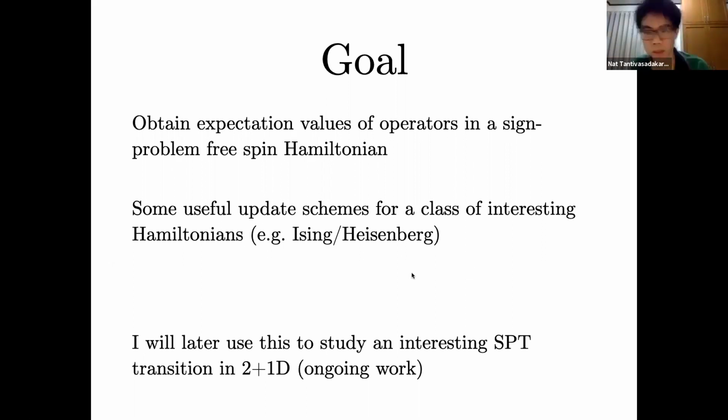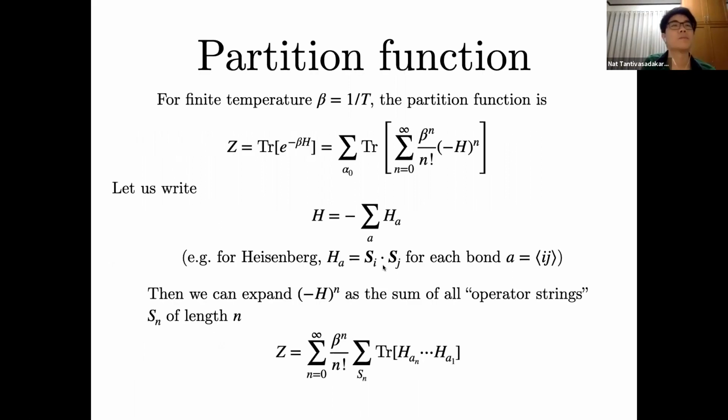Okay. So to begin, suppose we have a Hamiltonian that we want to simulate, and here I'm going to be at finite temperature. So you can write the partition function as such, and the trick of the stochastic series expansion is to expand this out, rewriting the exponential as an infinite sum.